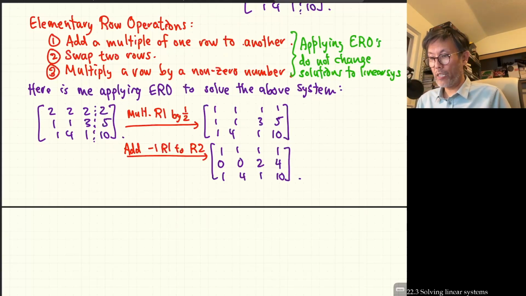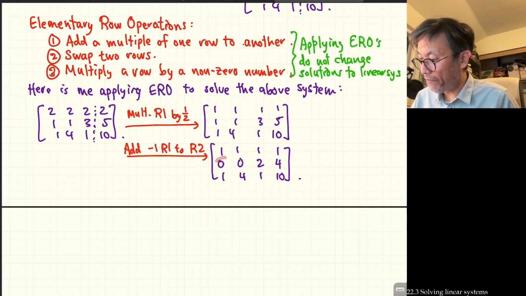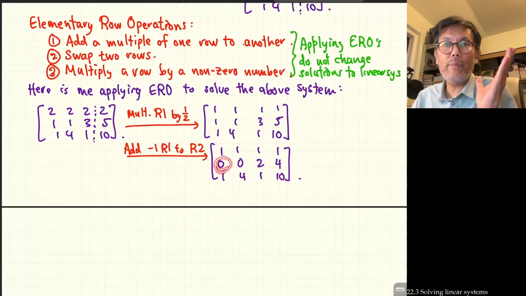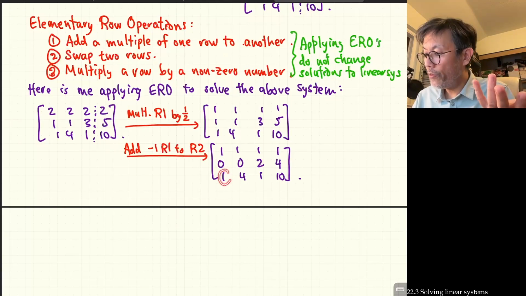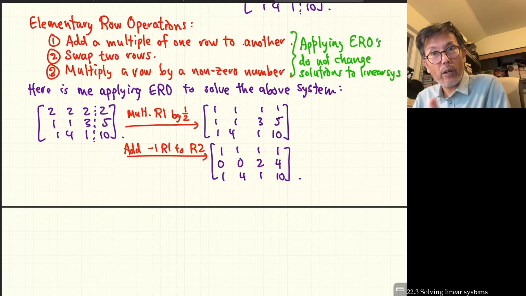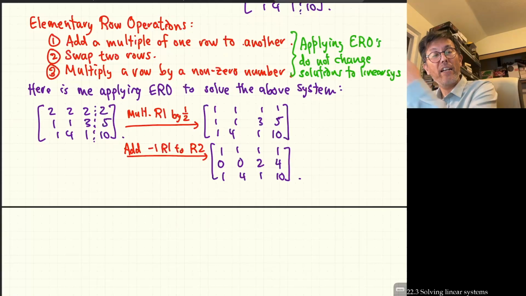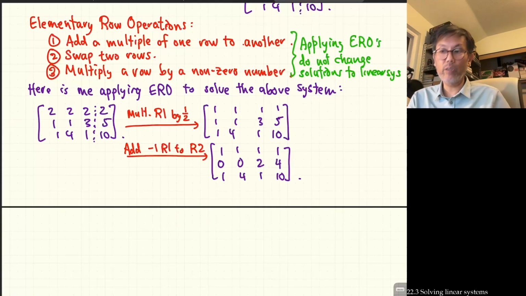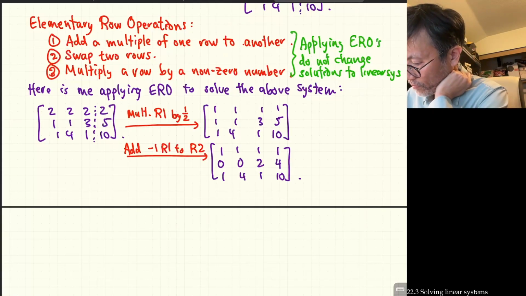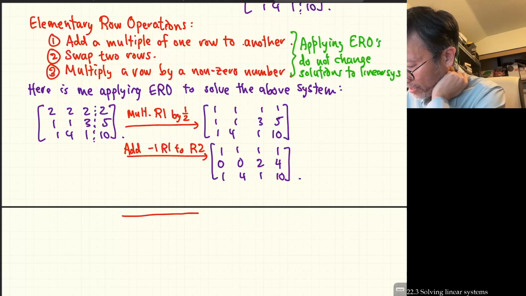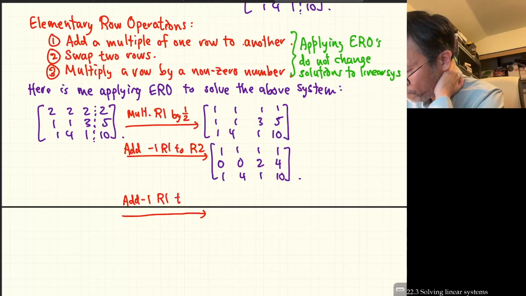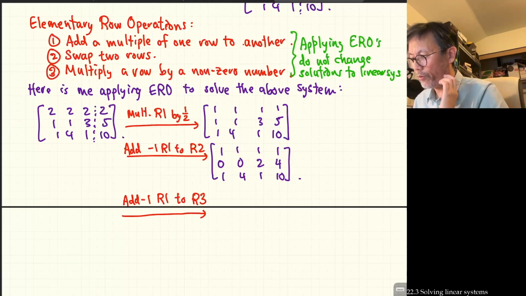The next thing I'm going to do is attempt to clear. So I've cleared out this entry. By that I mean I've made it 0. I'm going to attempt to clear out now this entry. So how can I do that? I can again add -1 row 1 to row 3.